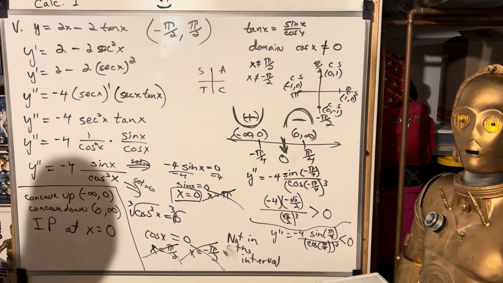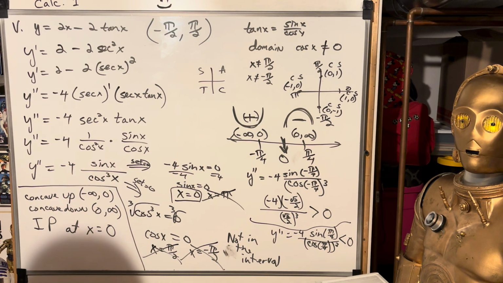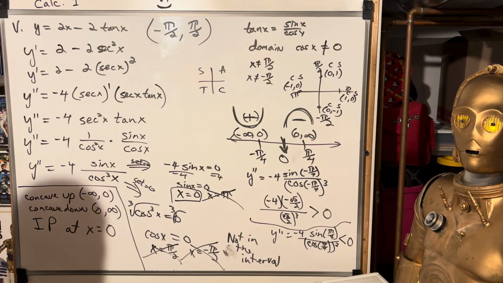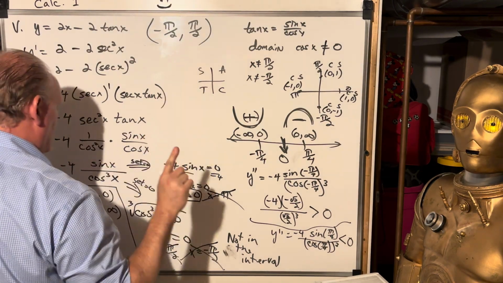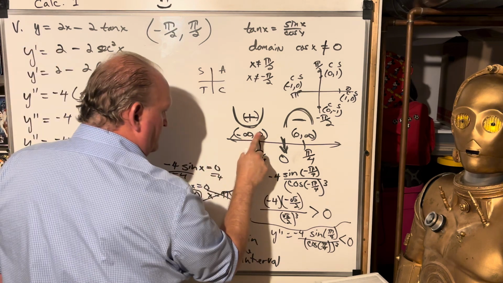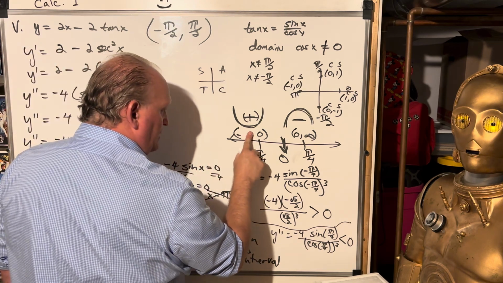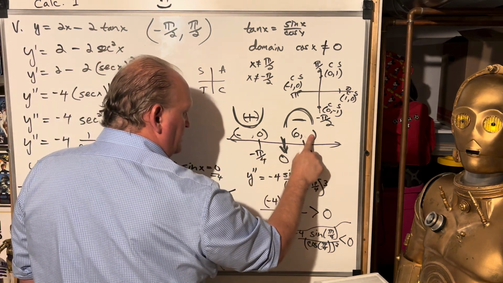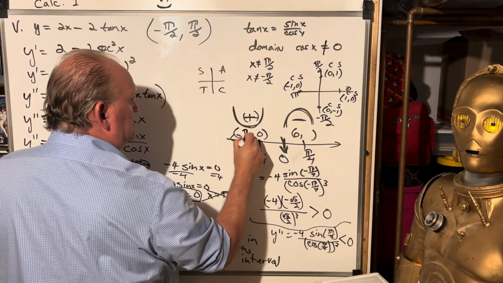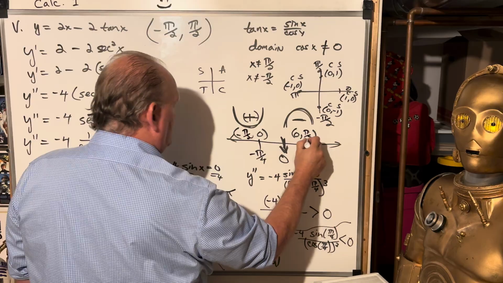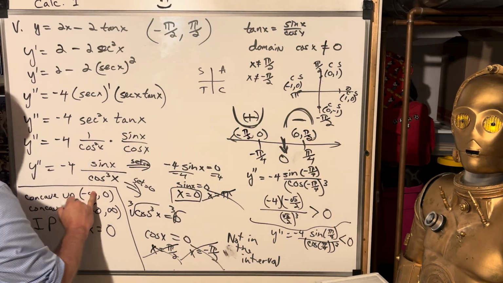Okie dokie. Oh, but it's not infinity. Oh, shoot. I forgot about the interval they put us on. So little insert here. We don't get to go all the way to infinity on these. They restricted us. So negative pi over 2, pi over 2 is the interval. Sorry about that.